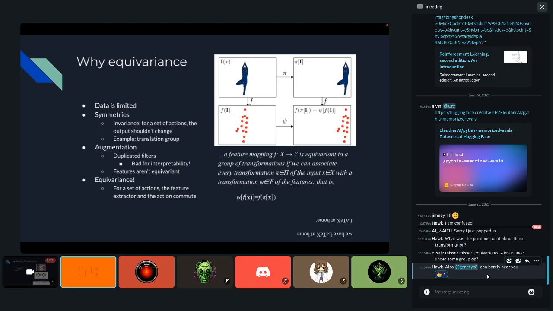Something like taking the mean of all pixels is invariant. Invariant would be the case where you want your representation to just not care at all about the translation, so the points just stay at the same place.